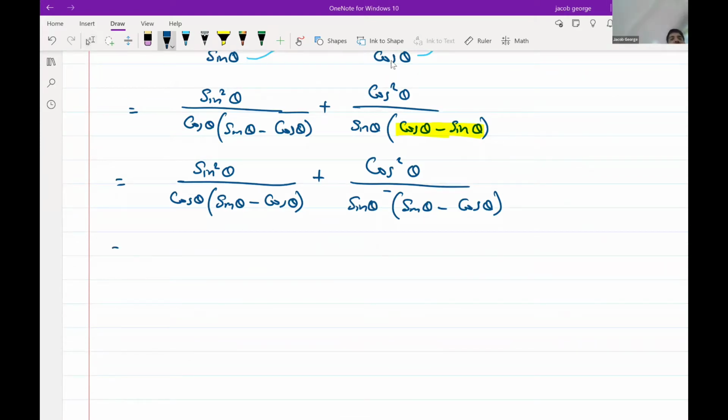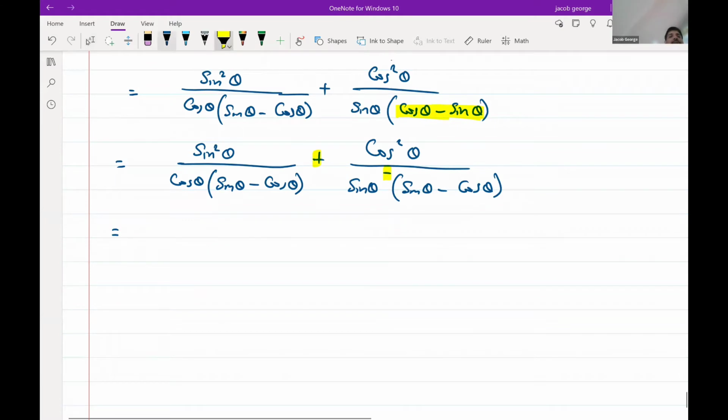And at the same time, I will write positive by negative. What is positive by negative, children? Negative. We can write the sign as negative. So I'll take the common factor, that is 1 upon sin theta minus cos theta, which means from the denominator, we took sin theta minus cos theta outside.